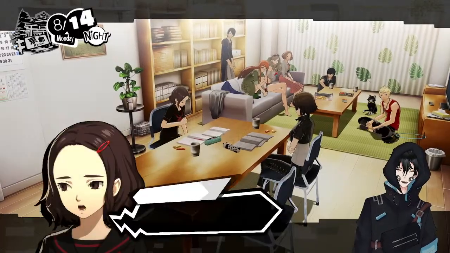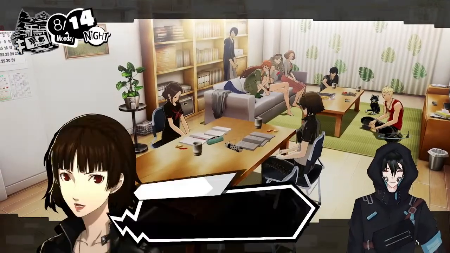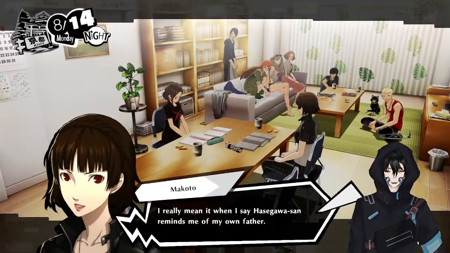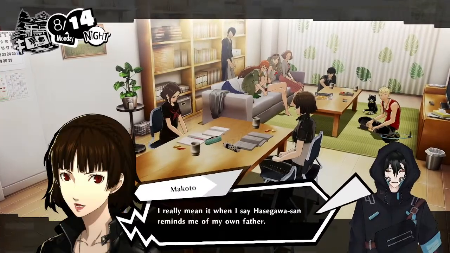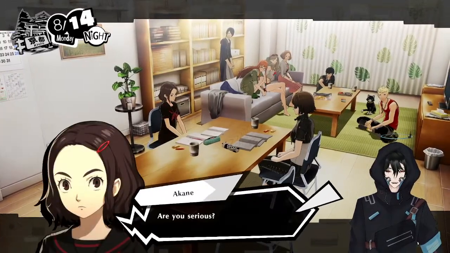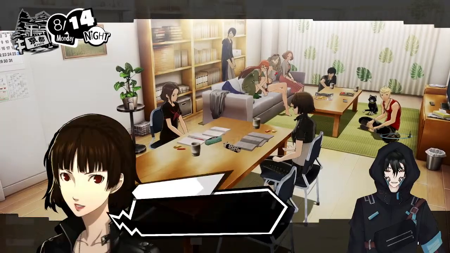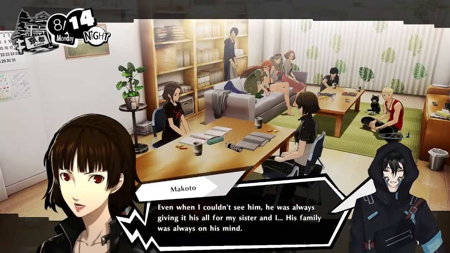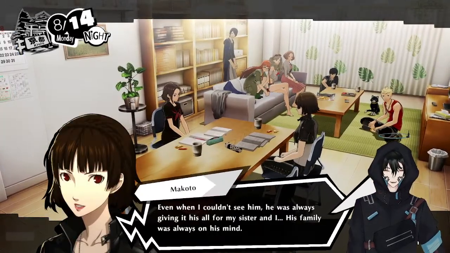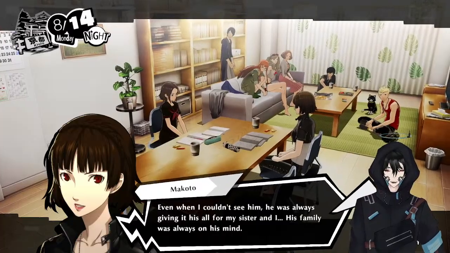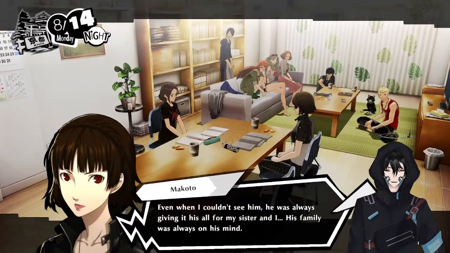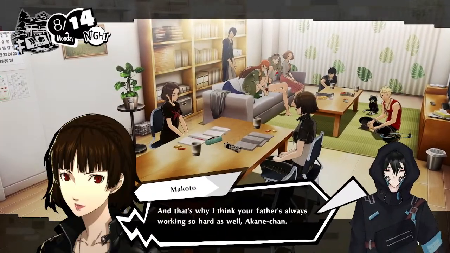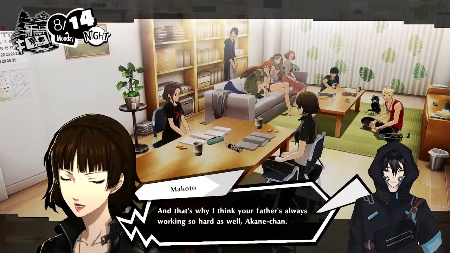Been there for us as well. But that's just... I mean it when I say it. Hasegawa reminds me of my own father. Are you serious? Even when I couldn't see, he was always giving it all for my her and I. His family was always on his. That's why I think your father always working so hard as well.